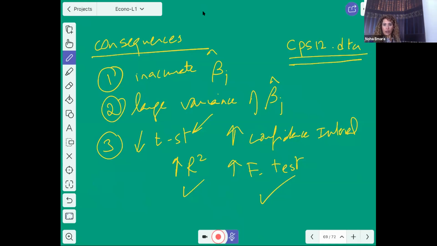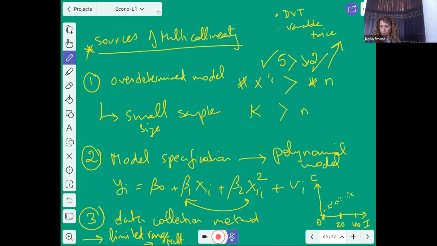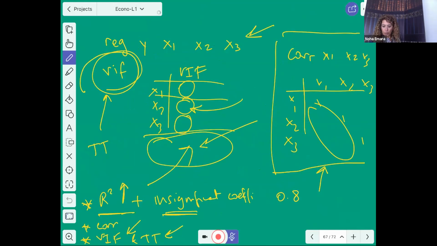Last week Parth was sharing his screen, so today maybe Dan or Othman can share the screen and show us the VIF. All you need to do is type a regress command of the model that you have, and just type VIF under it and tell us what the VIF of the model is.